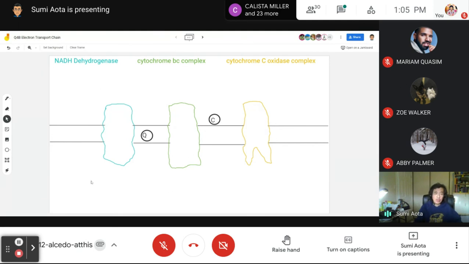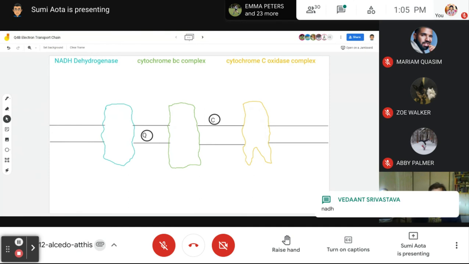If it's an electron transport chain, it's going to need a source of electrons. Ultimately the source is going to be food, right? Glucose. But based on the name of this particular protein, what's going to immediately provide electrons to this electron transport chain? Yeah, NADH.